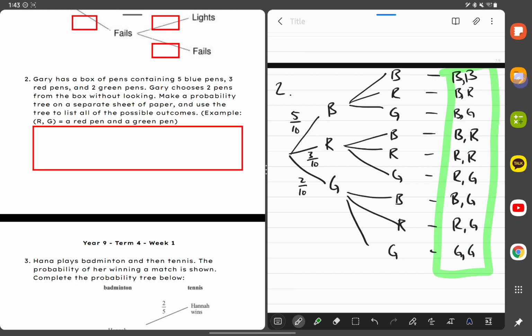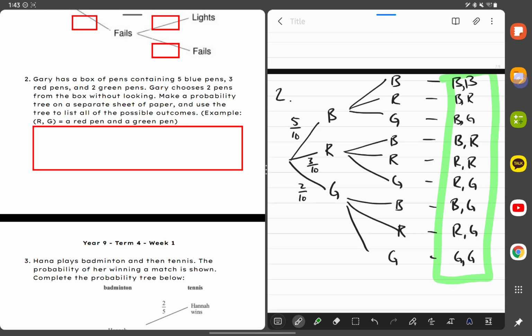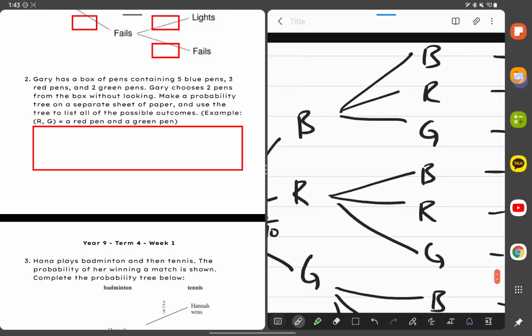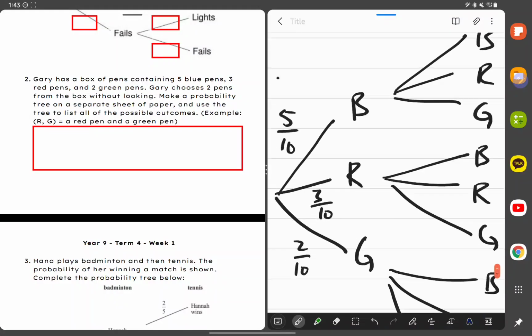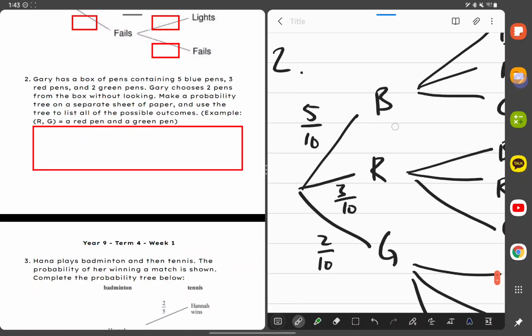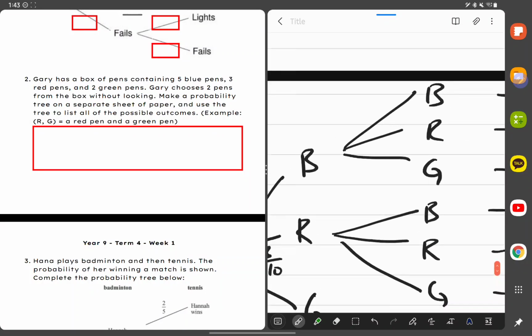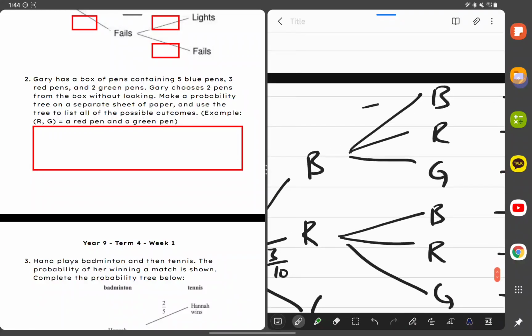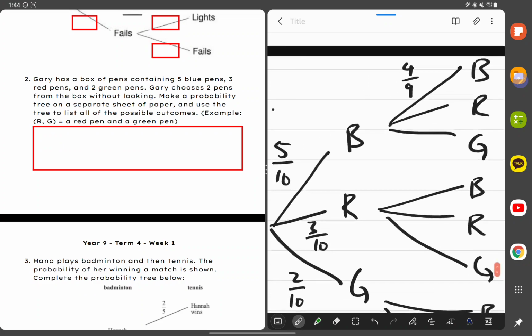Another reason I wouldn't bother with it very much is that because we've taken one pen out, that changes the probability a little bit. In the case of us having taken out a blue pen, the chance of getting a blue pen again is not 5 over 10. There are only 9 pens left, and only 4 blue pens left inside.